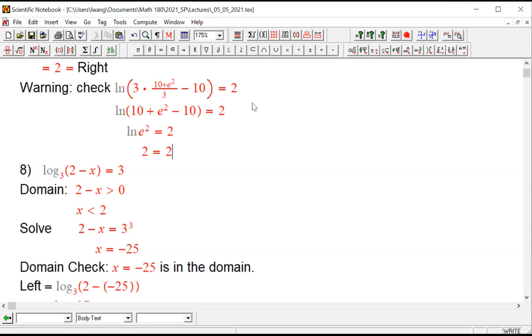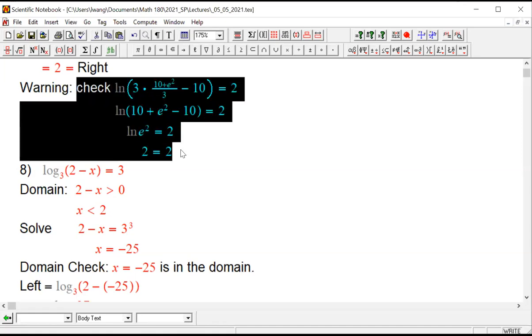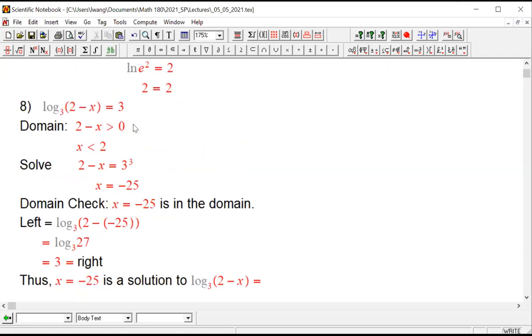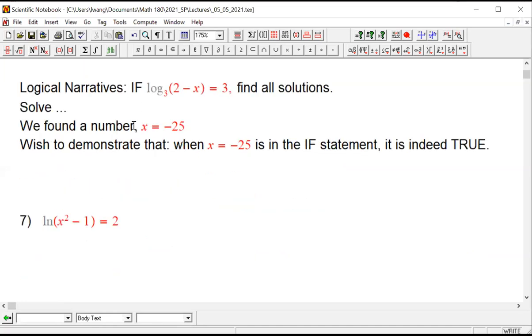When you are asked to prove something, you need to pretend you don't know whether it is true or not. Because of that, you don't do this kind of steps. You always start from one side, either the left or the right. I have repeated myself so much, so let's move on to number 7.